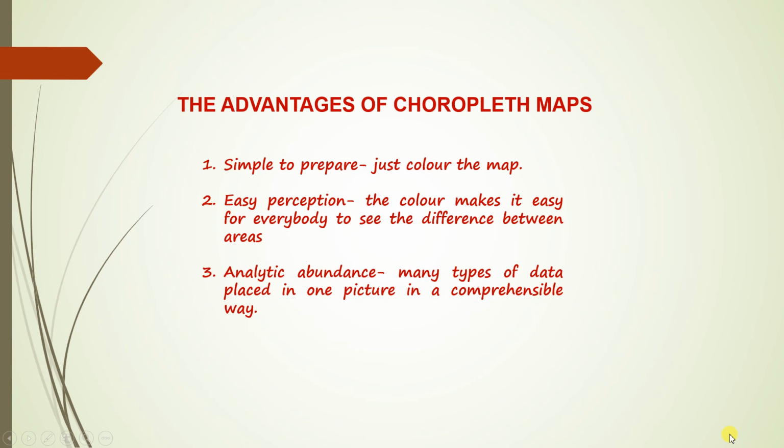Then analytic abundance. Analytic means systematic study of something. So here systematically the density of population is presented on the map. So it is in a comprehensible way. Comprehensible means it is easy to understand. So these are the advantages of choropleth map.